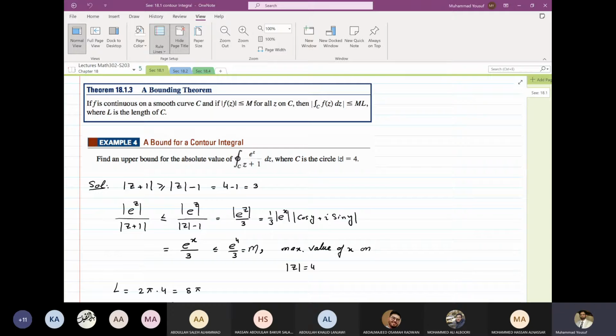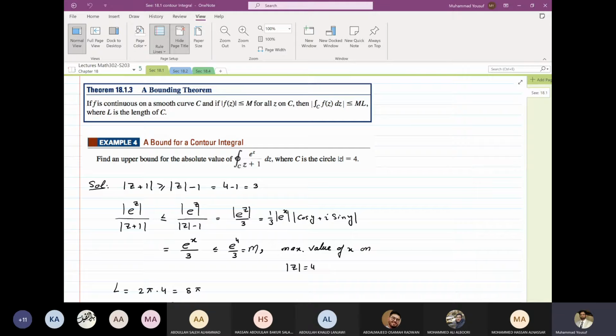Find an upper bound for the absolute value of this integral. Here this is e power z over z plus 1. To evaluate this integral may be difficult. We cannot easily find the value of this integral on the curve absolute value of z equal to 4.